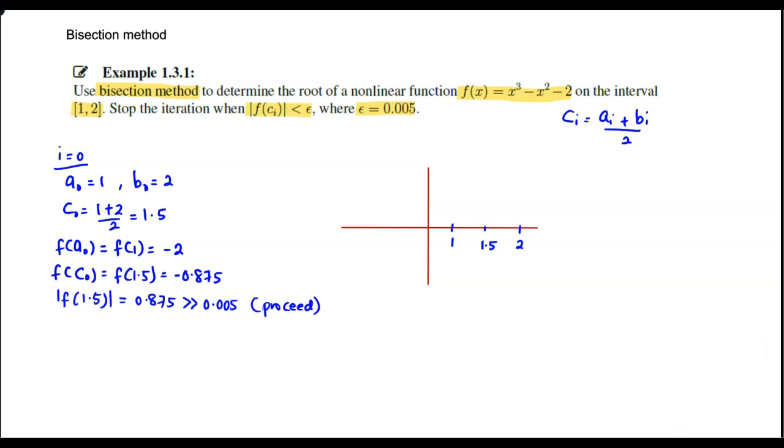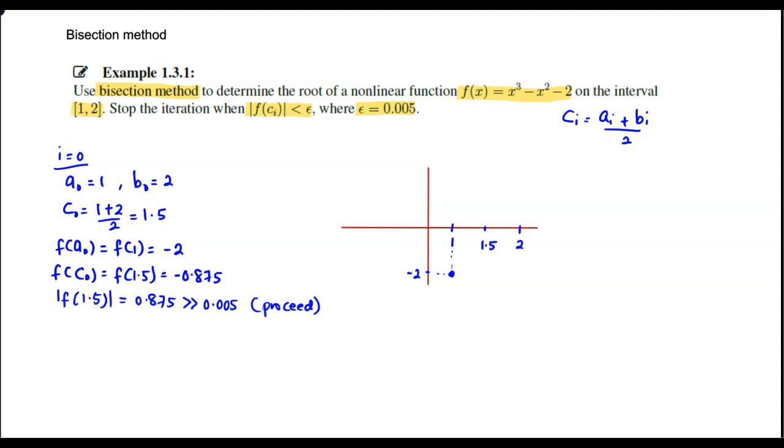Now when x is 1, the corresponding f is negative 2. So just assume somewhere here is negative 2, and we have that point.